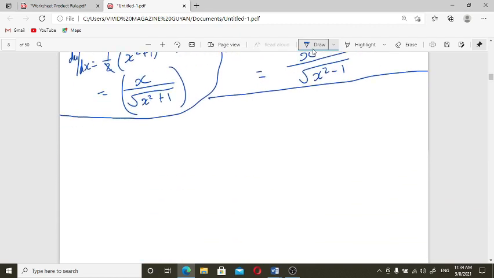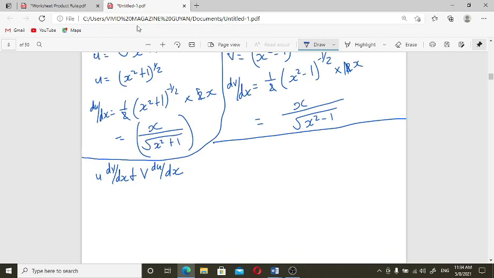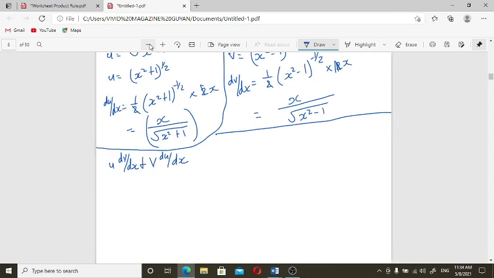So just a moment, pen is frozen right now. Alright, great. So u dv dx plus v du dx. This is actually one of those questions wherein I need to really slow my roll a bit.